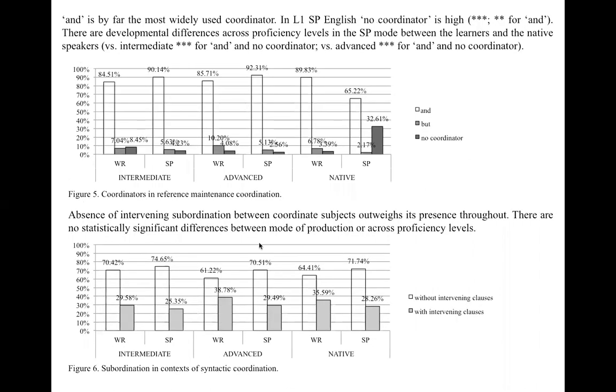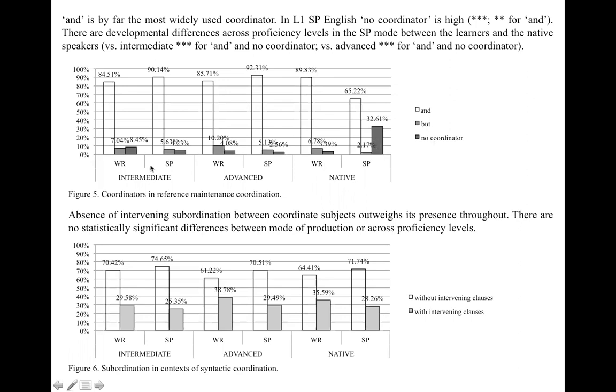In terms of the coordinator that is used, "and" is by far the coordinator used by all the groups, except for the spoken component of the natives. Well, no coordinator is higher in all the batches, and this seems to be coherent with the fact that they use longer chains of coordinate clauses. So no coordinator is expected also from here.